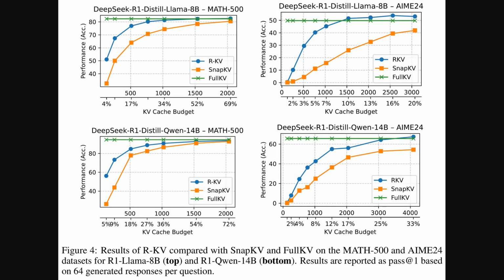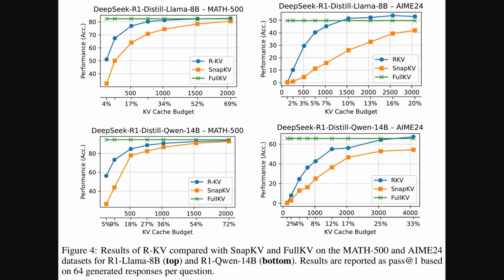So after seeing just how repetitive these models can be, these charts show us the real performance payoff of tackling that redundancy. We're looking at 4 scenarios here, with different models and math datasets. The horizontal axis is the key value cache budget, basically how much memory we allow, and the vertical axis is the pass at 1 accuracy, which just means getting the right answer on the first try.